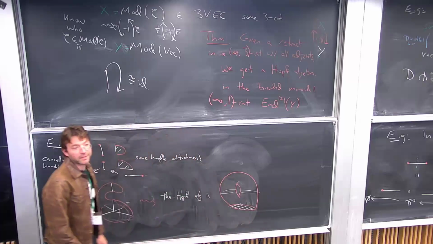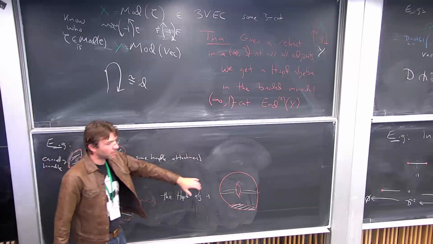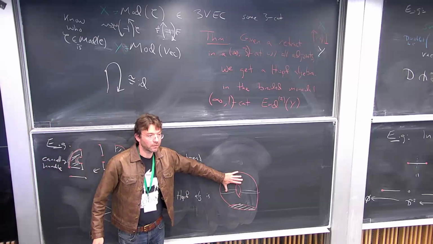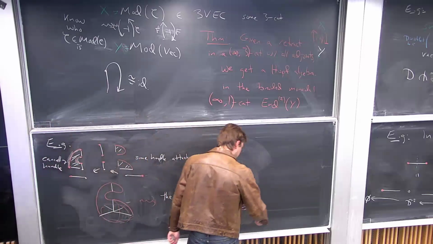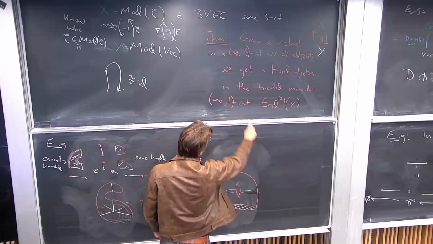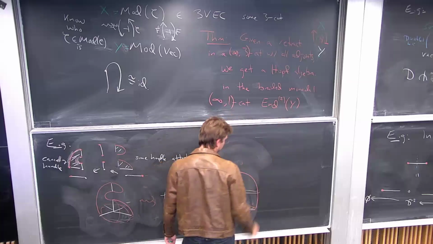And so what we find is that bordisms like this, here's a typical bordism with boundary. So this bordism is an element of twice endomorphisms of something.